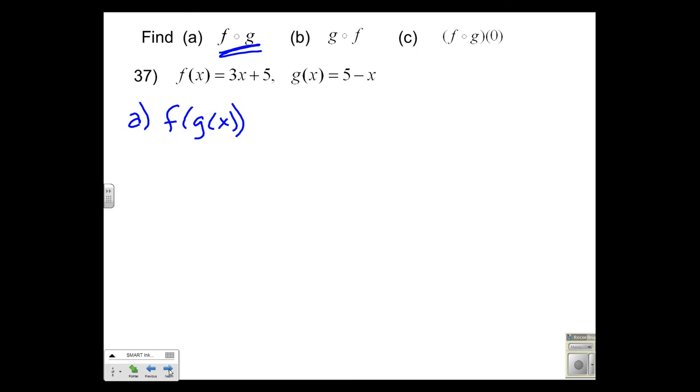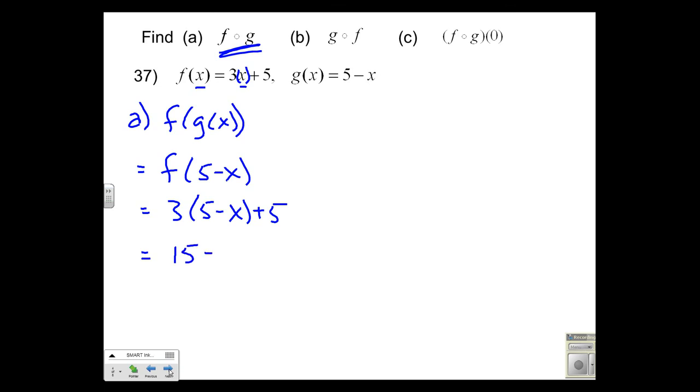That means I want to take f of g of x is explicitly 5 minus x. And f is a factory that puts things right here. So we get 3 times 5 minus x plus 5, or 15 minus 3x plus 5, or negative 3x plus 20.